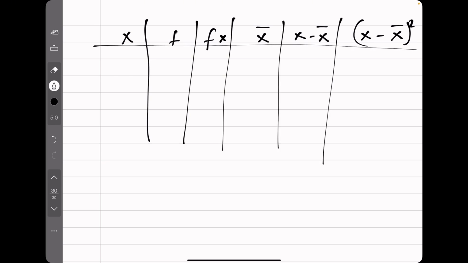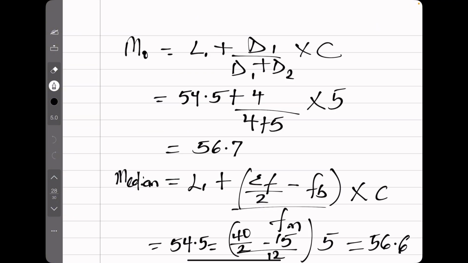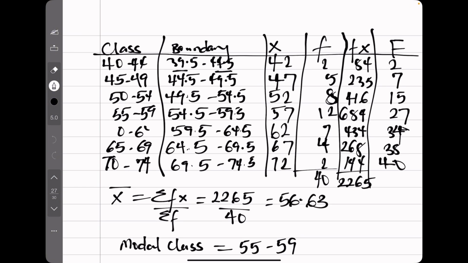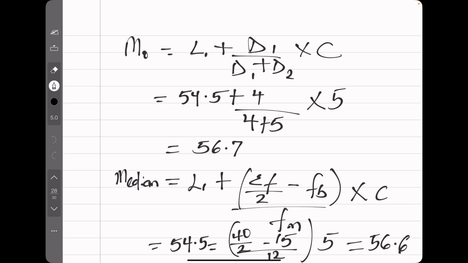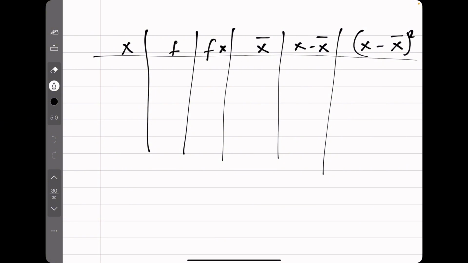Our x, as we knew from the previous table, is 42, 47, 52, 57, 62, 67, and 72.